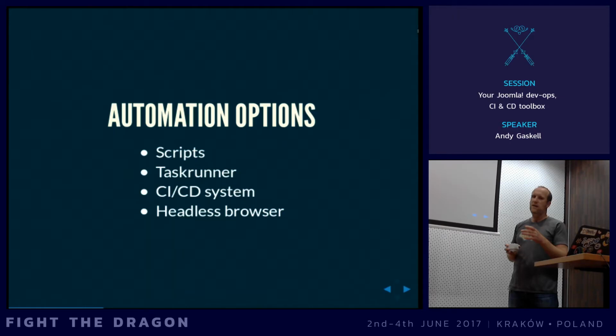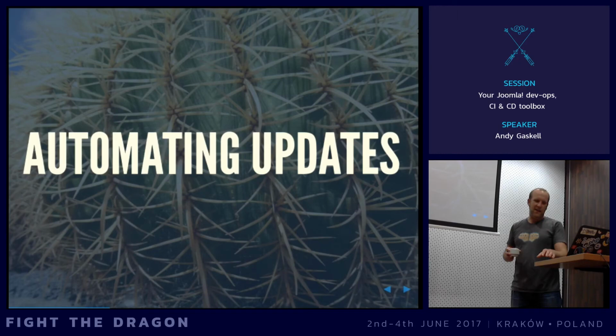So we'll start talking about updates. A handy one, thanks Robert, is the Joomla command line interface. It's quite new and really nice if you want to script things. I've only just started using it, to be honest.